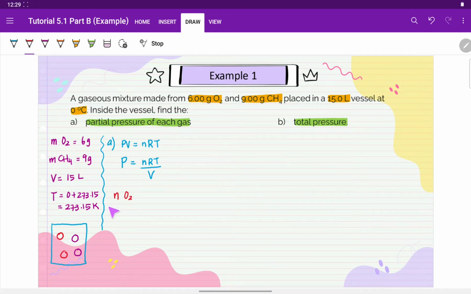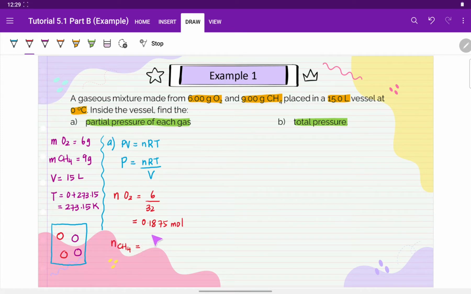First we find the number of mole of oxygen. The mass is 6 gram, and the molar mass is 32 gram per mole. So the number of mole of oxygen is 0.183 mol. Whether you take 3 or 4 decimal places is allowed. Then, once we have the number of mole of oxygen, we find the number of mole of methane, CH4.